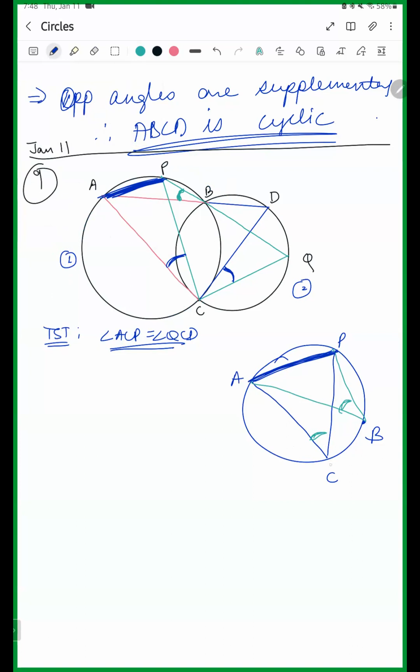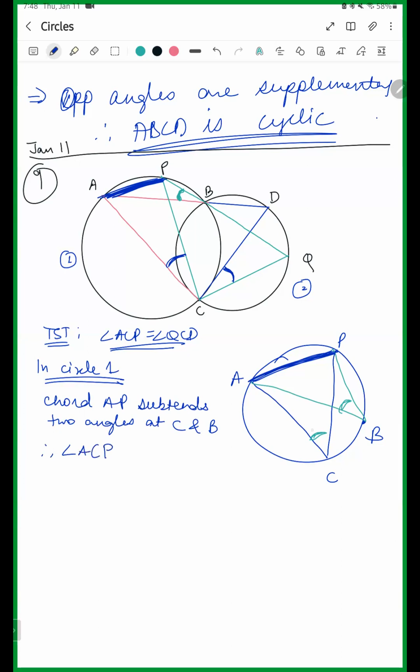This is B and this is C. So in circle 1, chord AP subtends two angles at C and B. Therefore, angle ACP is equal to angle ABP, and in the bracket you will write the reason, since angles in the same segment are equal.